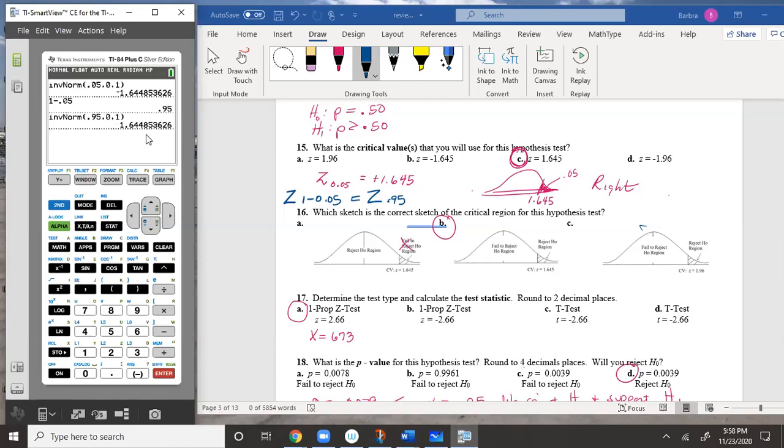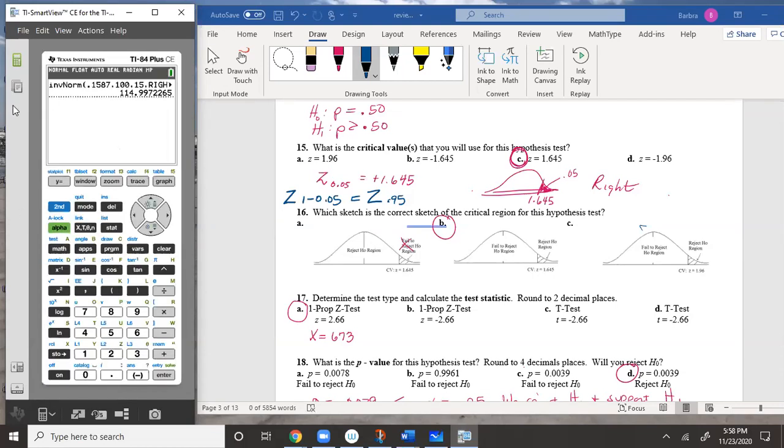I just didn't want to introduce another thing, so I love the fact that you asked. Does anybody have the plus CE version of the calculator? On this one, if you go to second vars, inverse norm, and you put the area 0.05 and mu is 0, sigma is 1, because this is a z distribution.